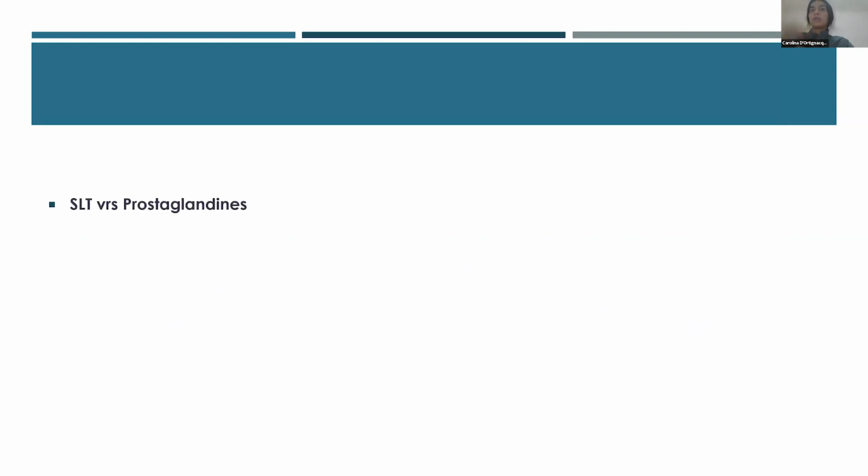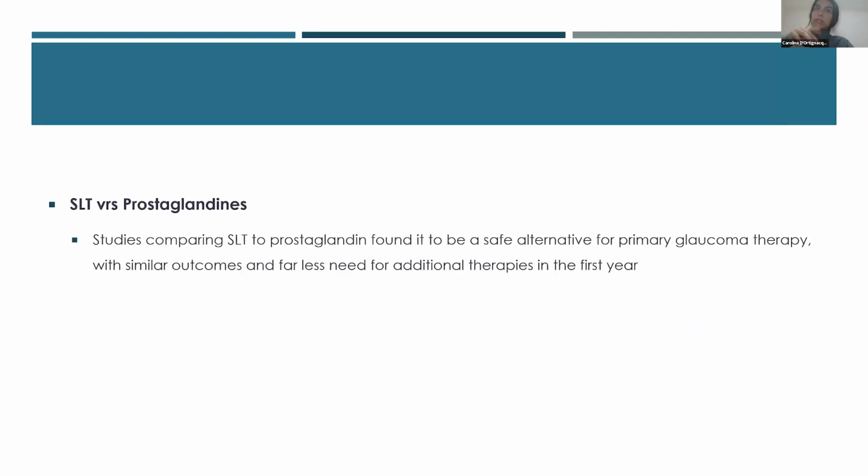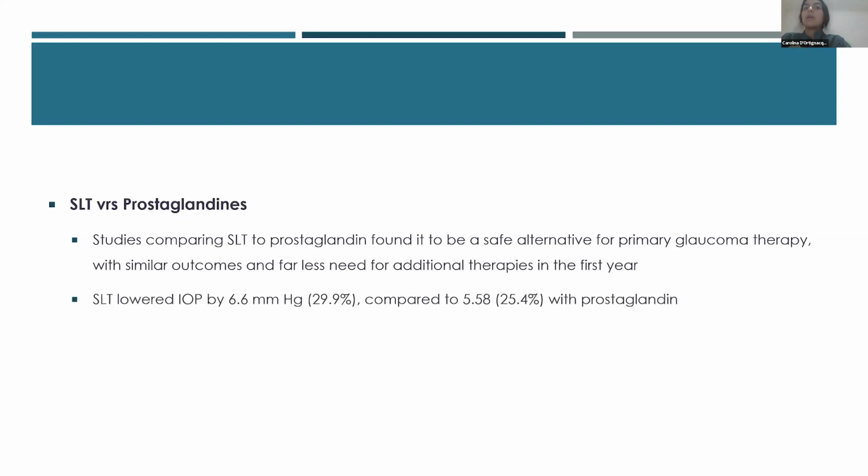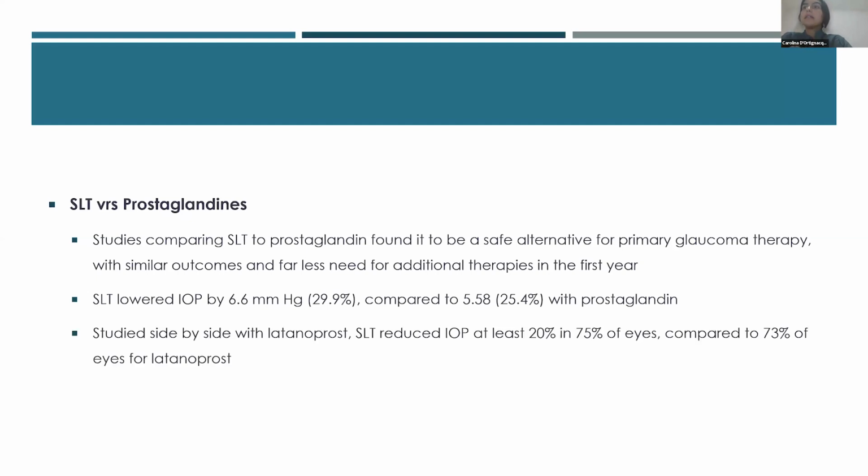And regarding SLT versus prostaglandins, the studies comparing SLT to prostaglandin found it to be a safe alternative for primary glaucoma therapy with similar outcomes and far less need for additional therapies in the first year. It lowered IOP by 6.6 millimeters and was studied side by side with latanoprost. SLT reduced IOP at least 20% in 75% of eyes compared to 73% of eyes for latanoprost.